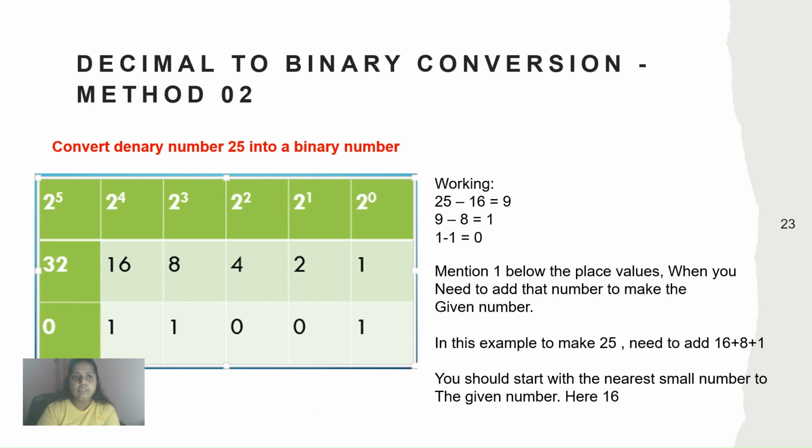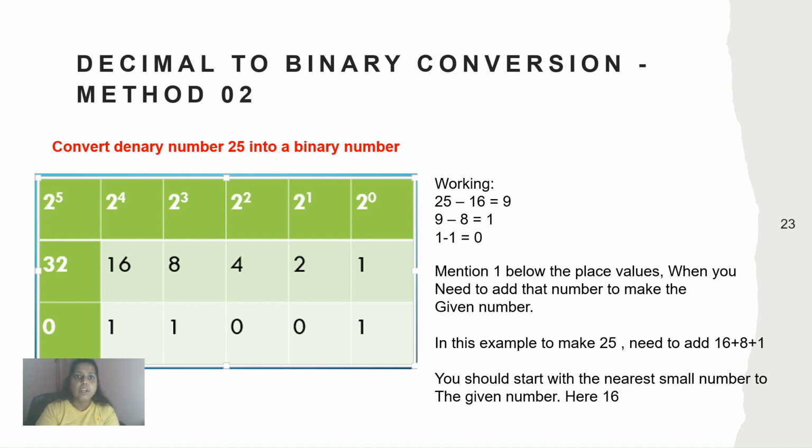Now identify from the numbers 1 to 32 in the list, what are the numbers you need to add in order to create number 25? Do you need 32 to create 25? No, then put 0. Can you use 16 to create 25? Yes, you can. Put 1. Can you use number 8 to create 25?